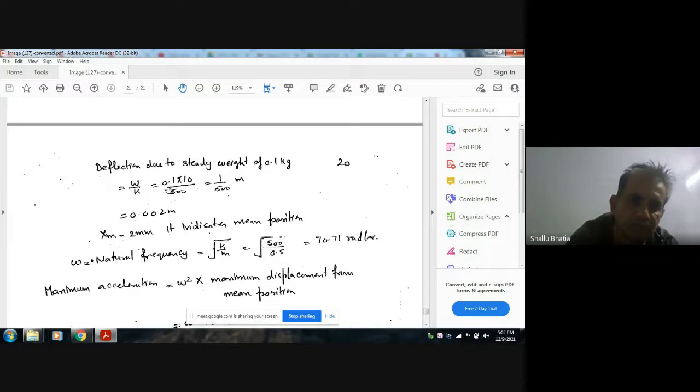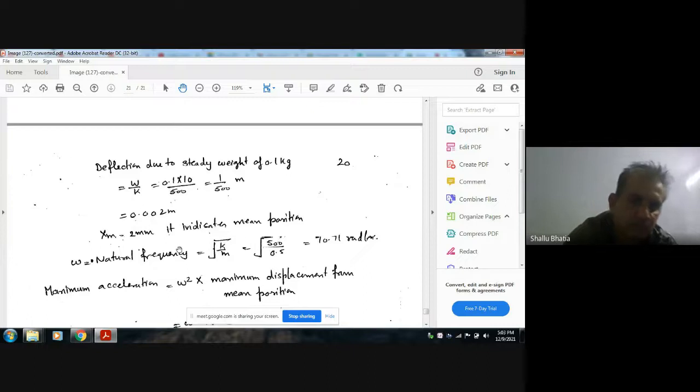Earlier, the energy lost by the weight equals the energy gained by the spring, which gives the maximum deflection. But when we place the mass steadily, we get the mean position, which is the static deflection of the spring. So this is the mean position we have indicated.